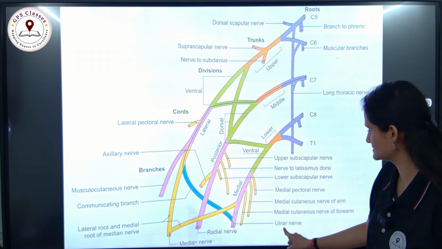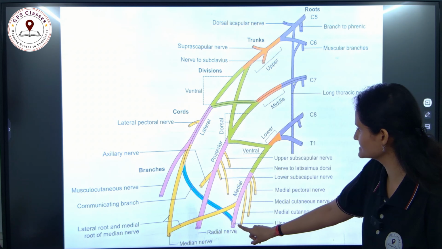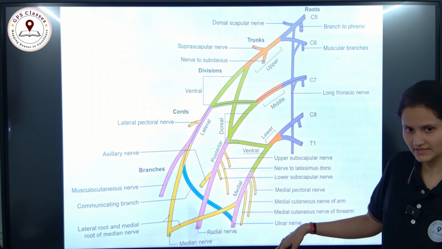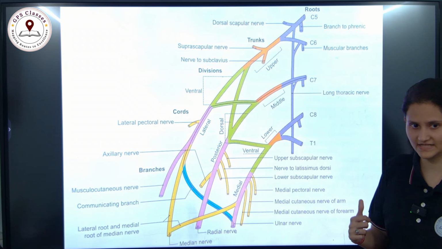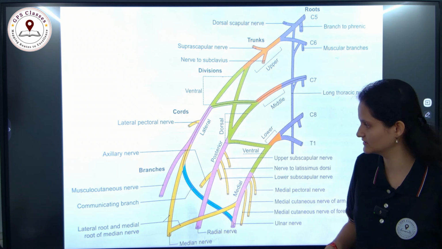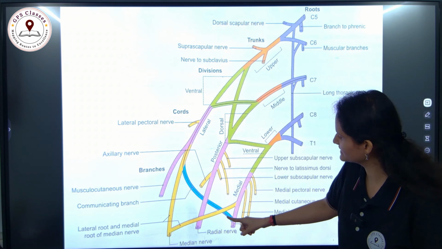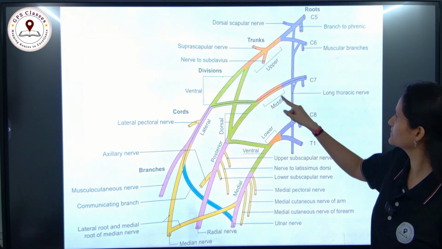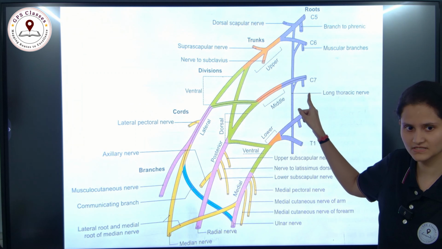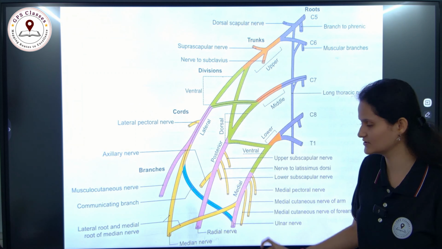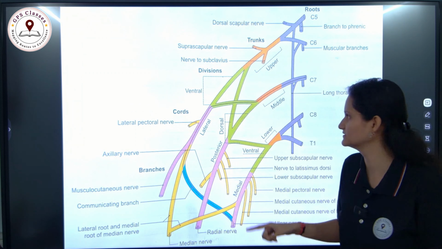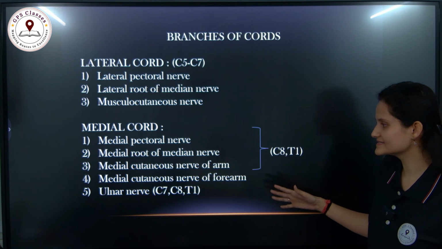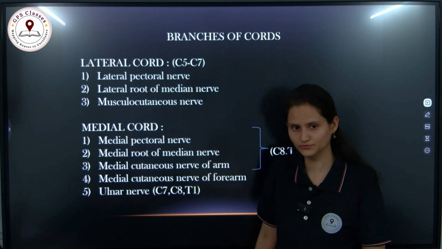As you can see, this is the ulnar nerve, a branch of the medial cord. It has the root value C7, C8 and T1 because it gets a communicating branch from C7. This is easy to remember: M4 and U.